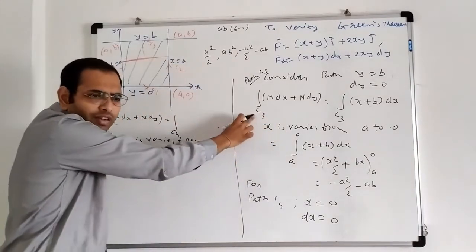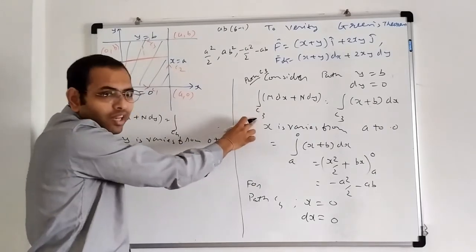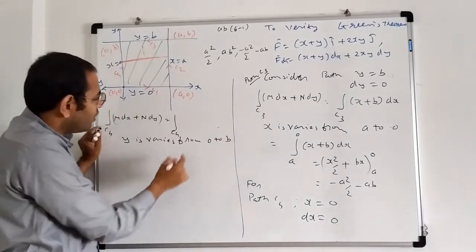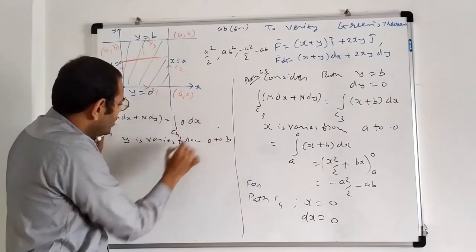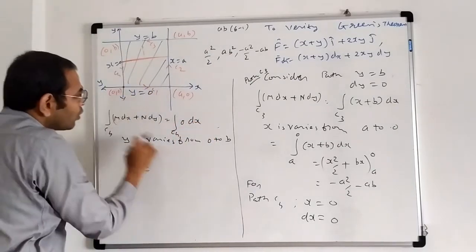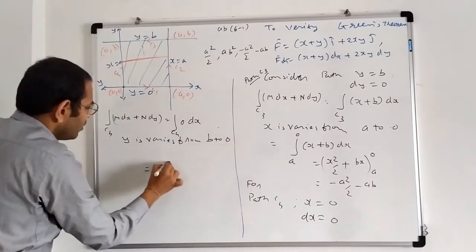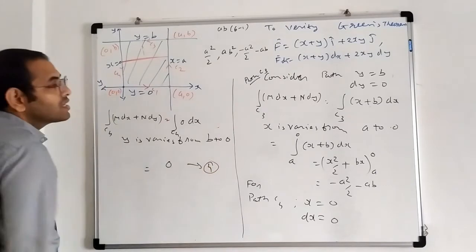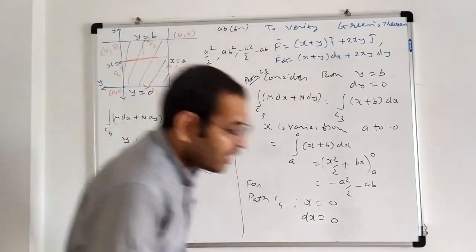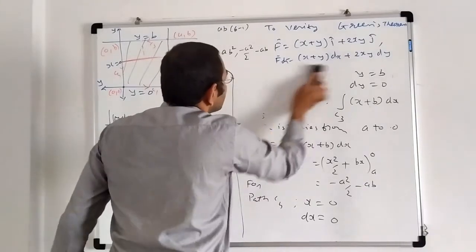First for path 1 we use C1, second path we use C2, third path we use C3 and fourth path we use C4. Here y varies from b to 0, but the integral is 0, so the fourth path answer is 0.